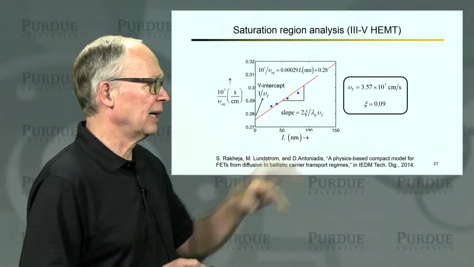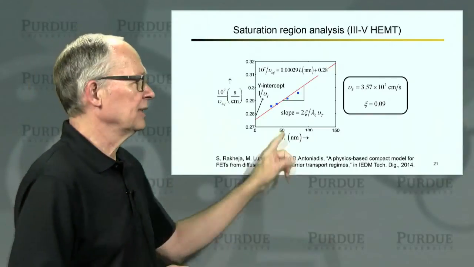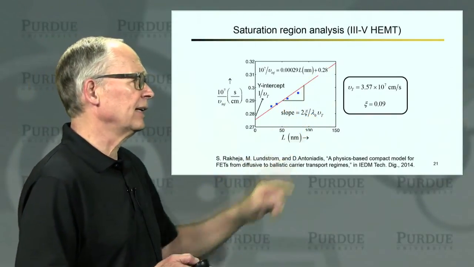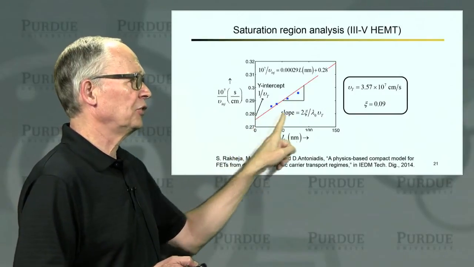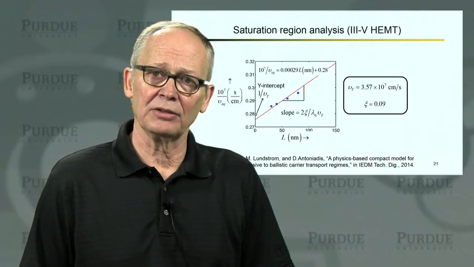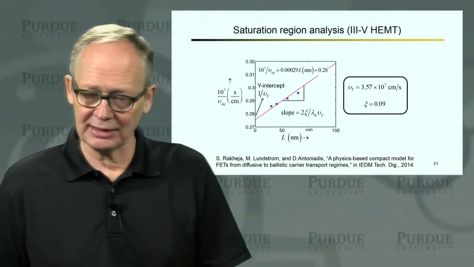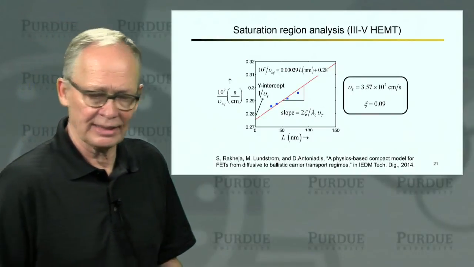Here is such a plot on the III-V HEMT data, and you can see that we get close to a straight line. From the intercept of that straight line, we deduce a thermal velocity that is very close to the value that we estimated from what we thought was the effective mass for the electrons in the indium arsenide.